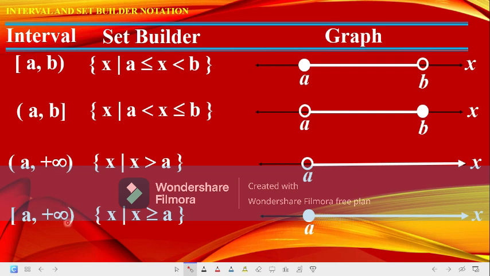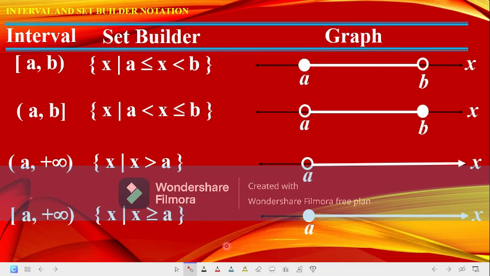Then we will use the parentheses as always if we have the infinity symbol. Then for the set builder notation, we will have the set of all x's such that x is greater than or equal to A. I hope everything is clear so far.